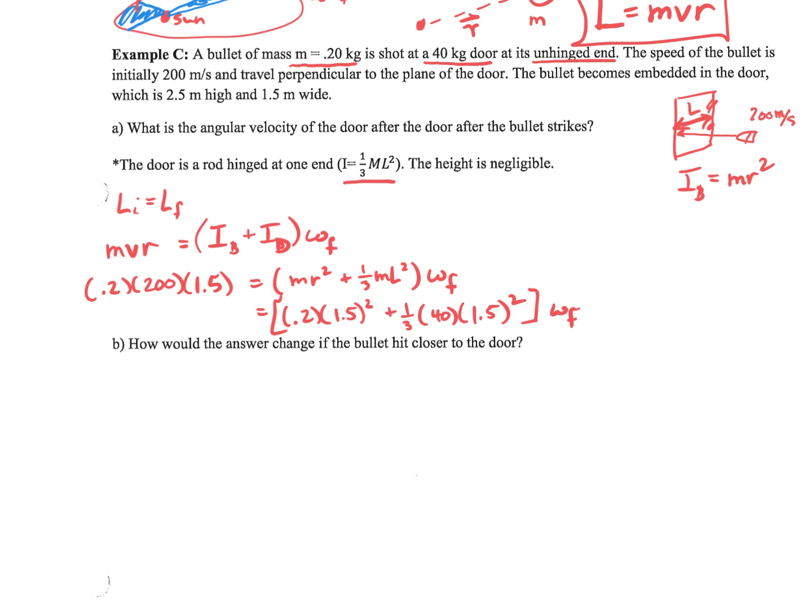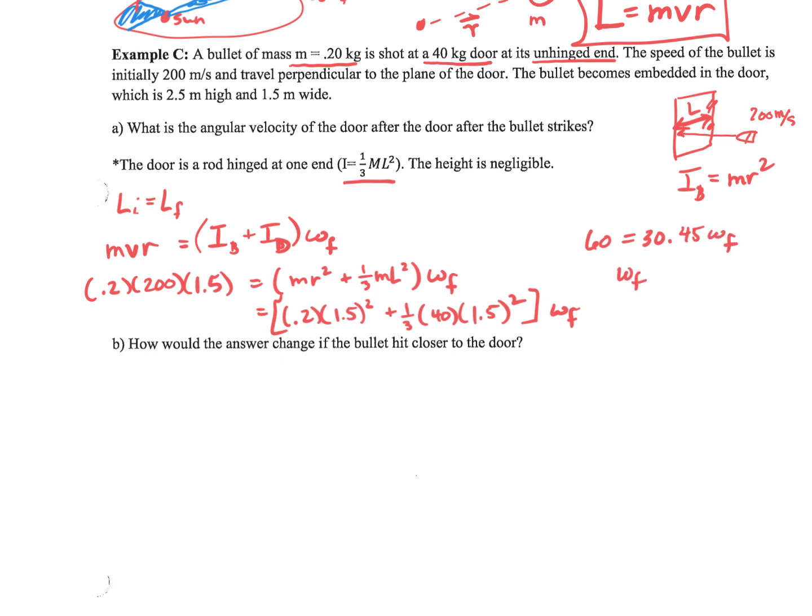So let's figure out what we got here. So we've got 60 equals 30.45 omega final.